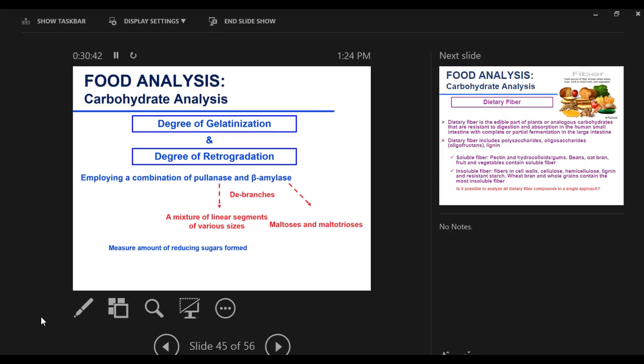So if I'm looking at degree of retrogradation over time, we are starting at time 0, let's say all of our starch is gelatinized, I have my maximum reducing power, then over time I can see a reduction in my reducing power because the enzyme will no longer be able to hydrolyze the retrograded starch. Okay, is that clear?